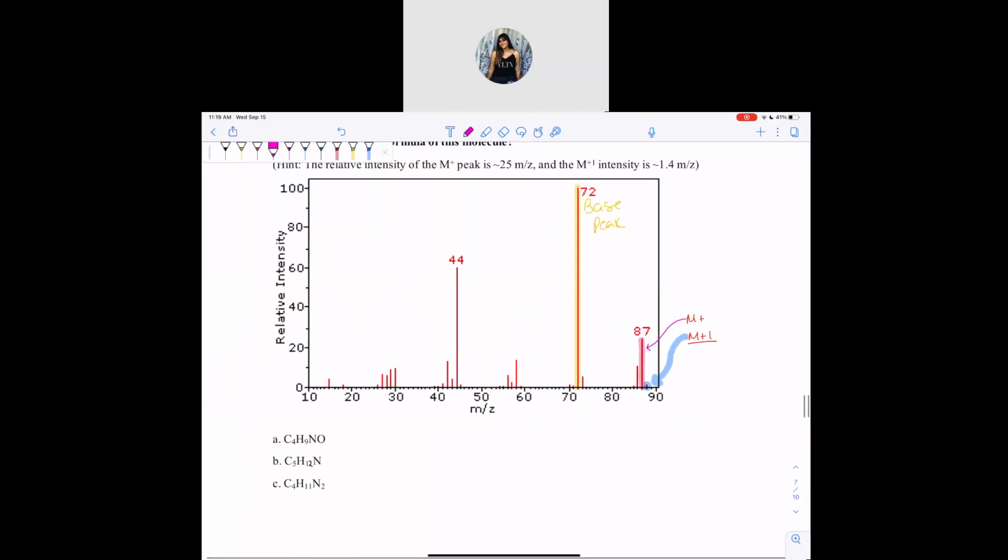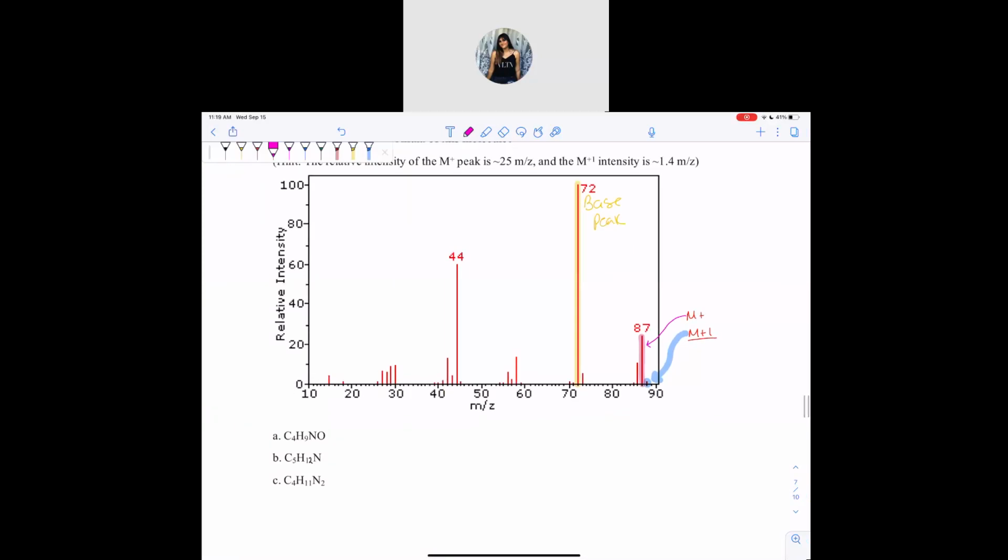We have an M+1 at 88. And we have no M+2 peak. So first of all, M+ is at 87. 87 is an odd number, so we know that an odd number of nitrogens are present since this is an odd number. So we can automatically get rid of this answer choice because it has 2 nitrogens.